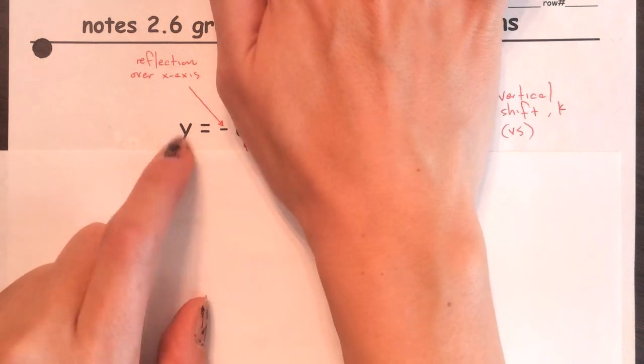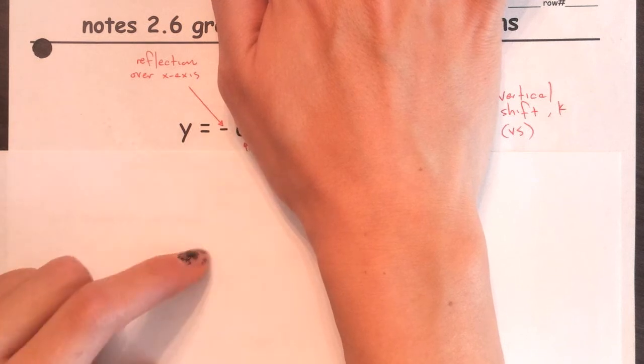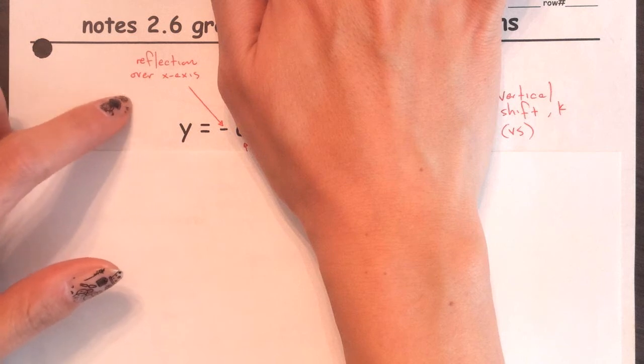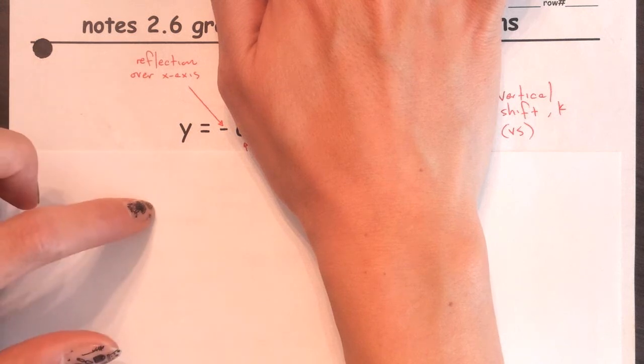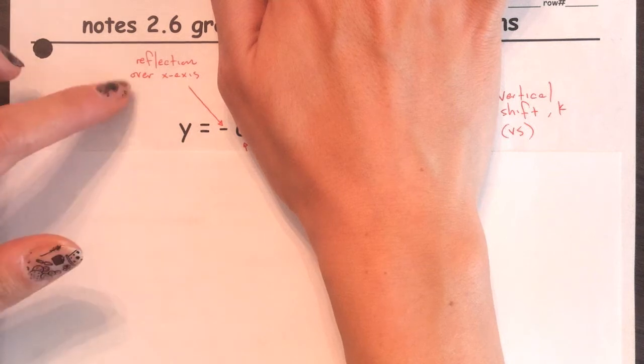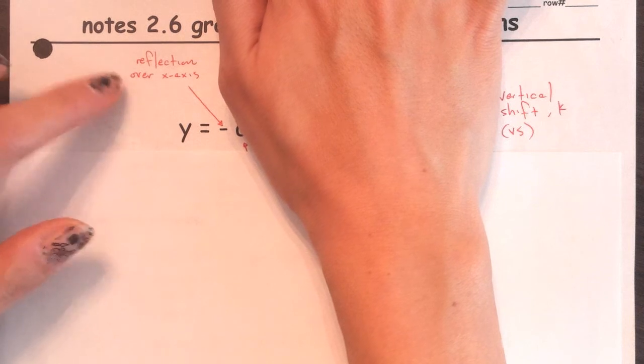What happens when y changes from a positive value to a negative value? Think about on an xy, when y is positive versus when y is negative, it goes over the x-axis, right? That's how you can remember that.